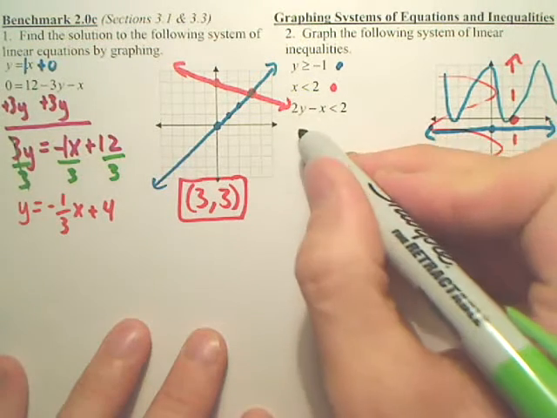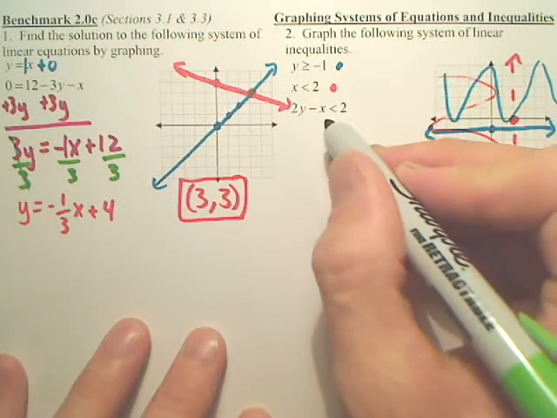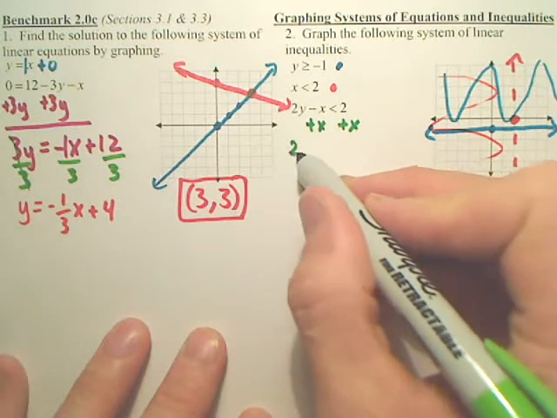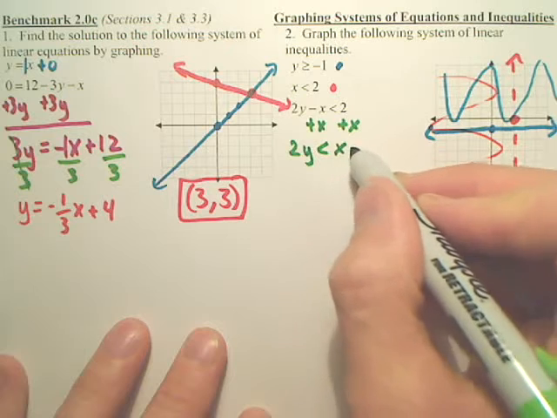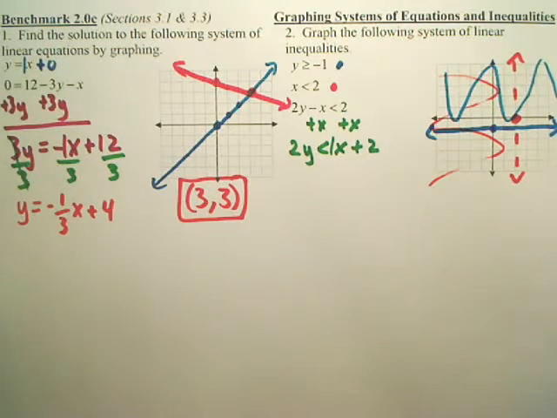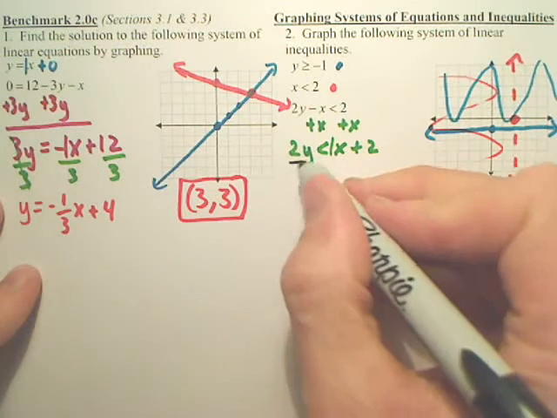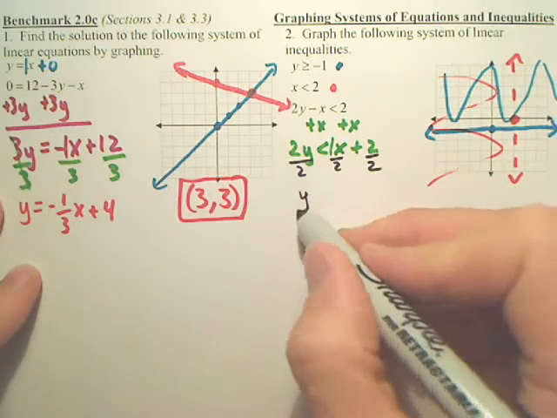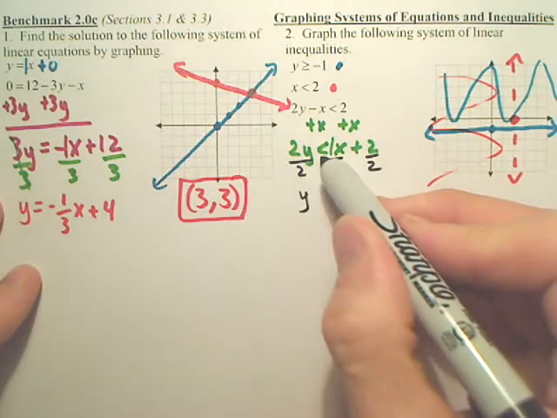So my last graph, to get this, I first need to change the form. So I'm going to add the x over. Probably want to put a 1 in front of that x. Then it looks like I'm going to divide by 2. So I have y. Does the sign flip?